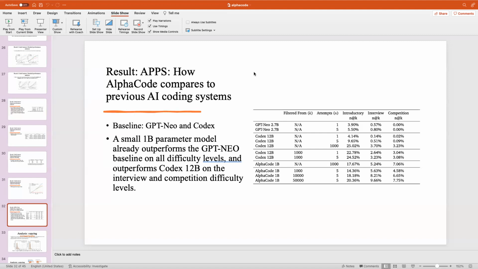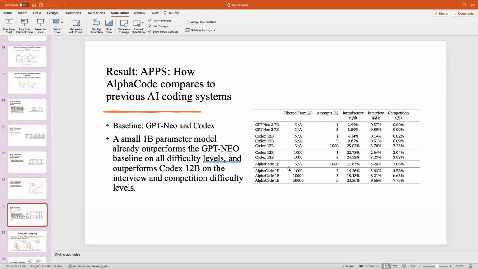So here's the third experiment for AlphaCode. It's trying to compare the model to some previous AI coding systems. So the baselines are GPT-Neo and Codex. These are previous state-of-the-art models, and the results are shown in the table.